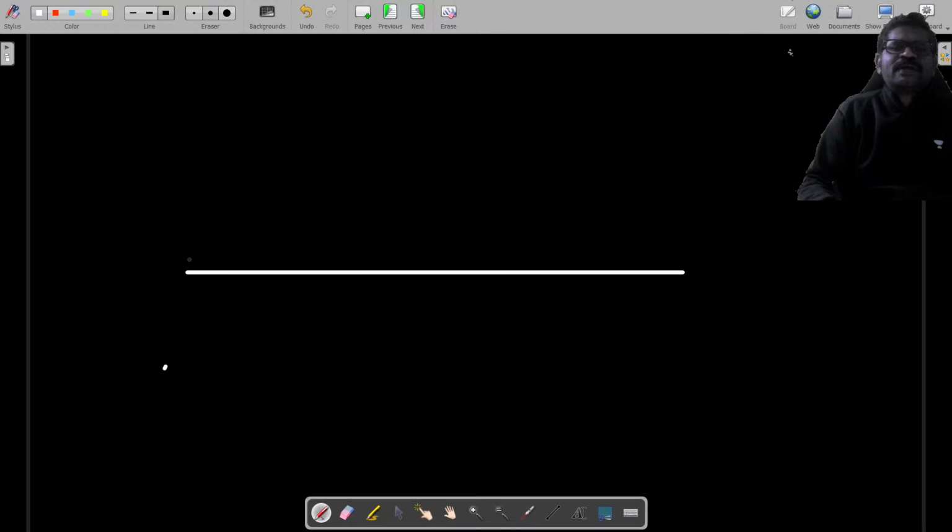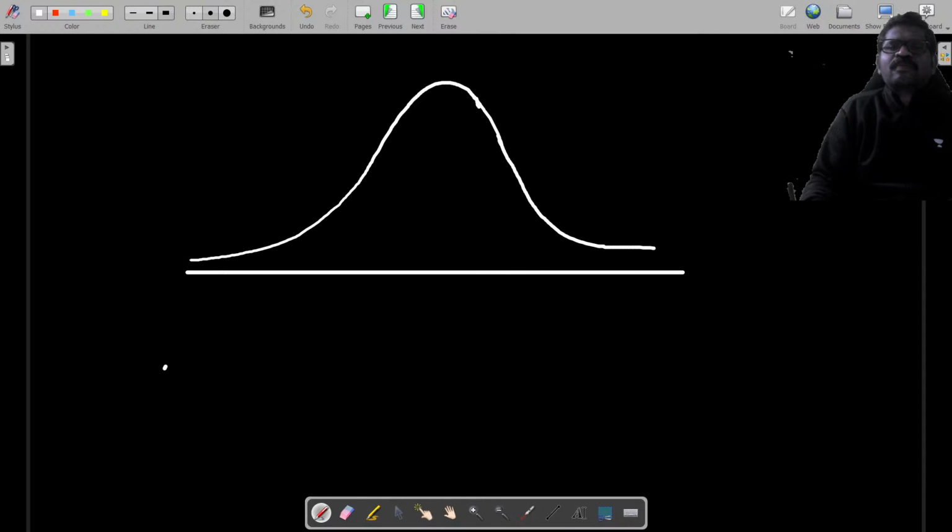Now, the normal curve is symmetrical about its mean mu.